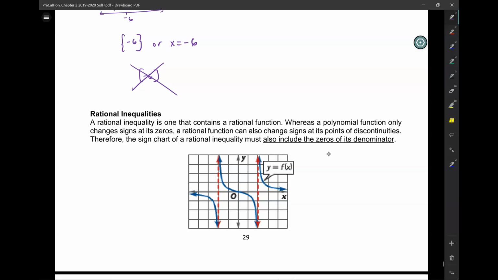But if it's a rational function and it has vertical asymptotes, it can also change sign at the vertical asymptotes. So you see here, on one side of the vertical asymptote, it's negative, on the other, it's positive. So all that's different is when you do the number line, you also put in the discontinuities. So you also include the zeros of its denominator in the sign chart.